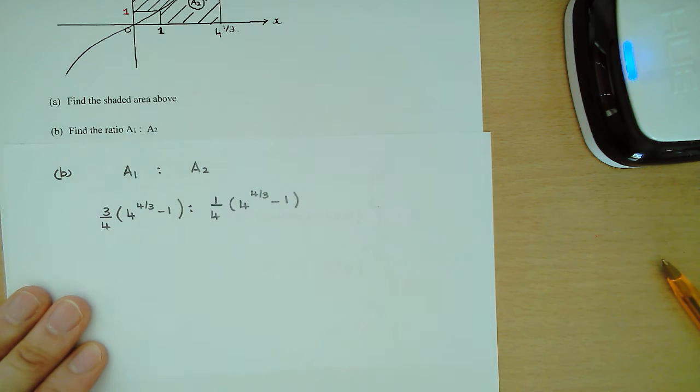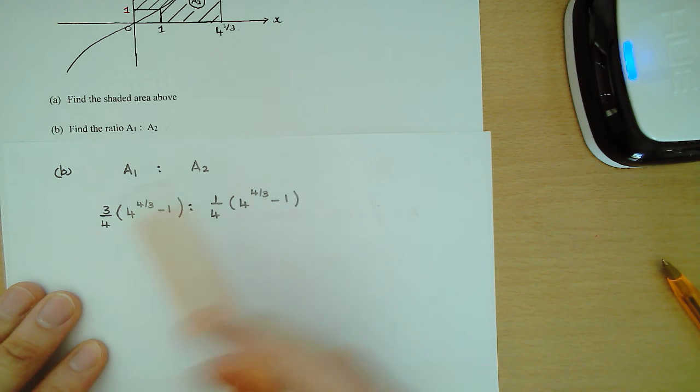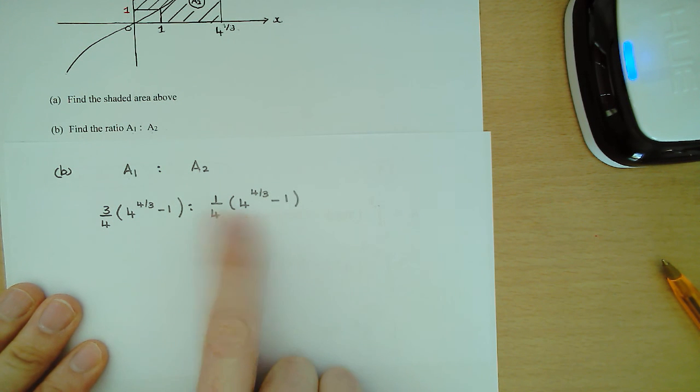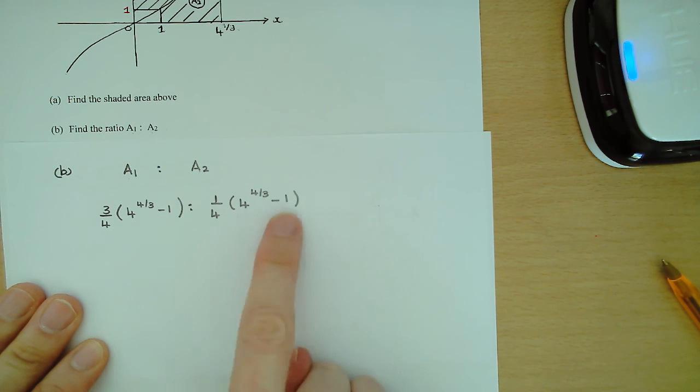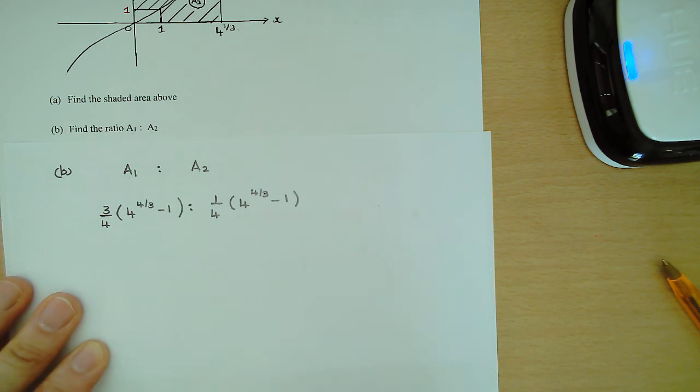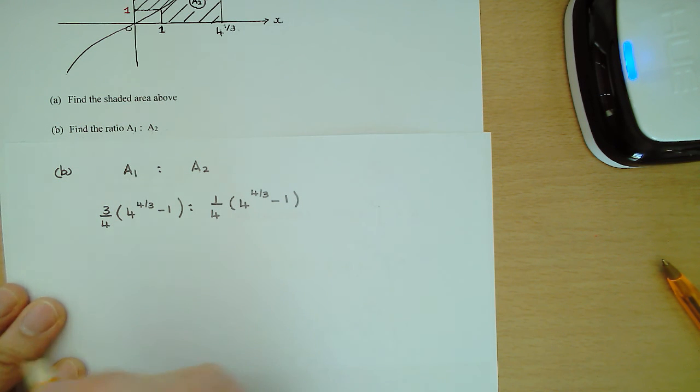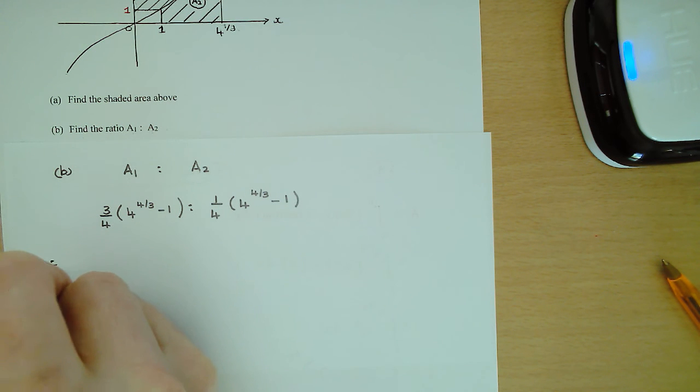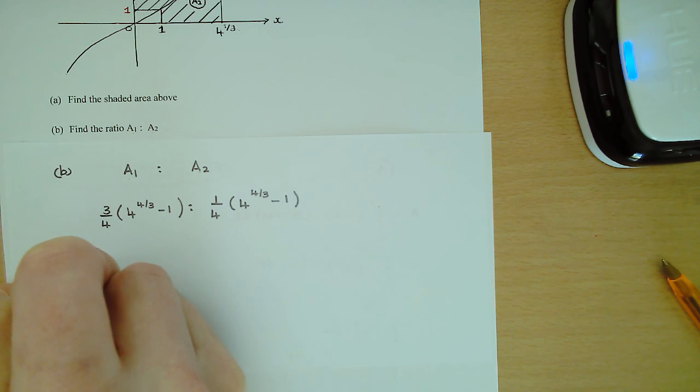Now, what we want to do is get this ratio in its simplest form. So what we could actually do here is divide through by the bracket. You notice the way the same bracket appears on each side of the ratio. So we could divide both sides by 4 to the power of 4/3 minus 1.